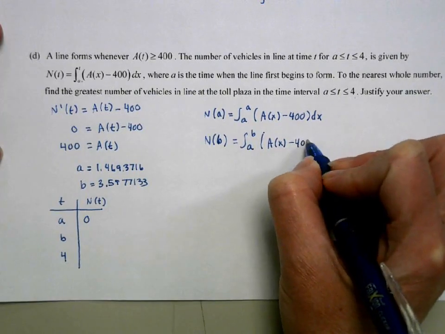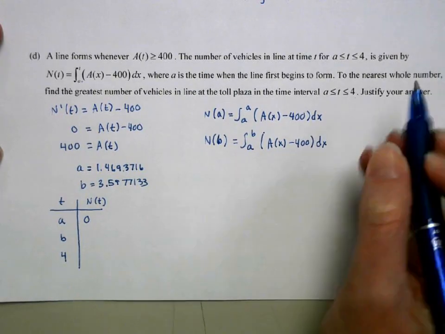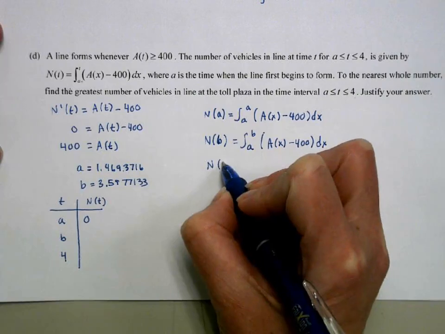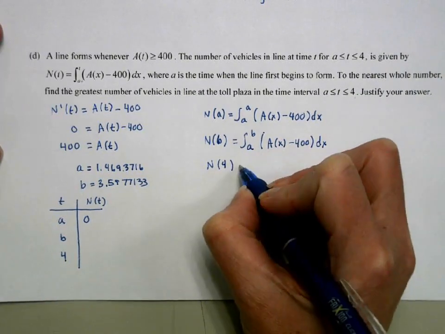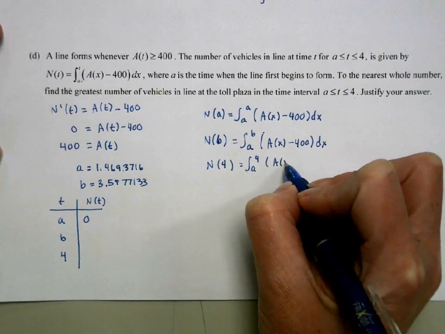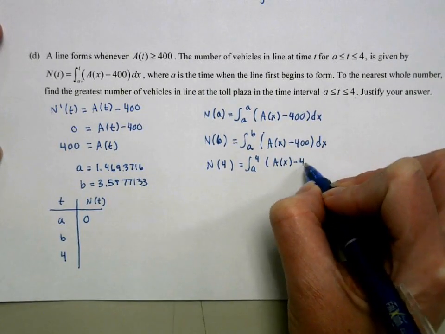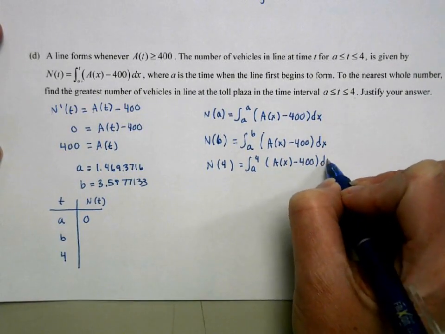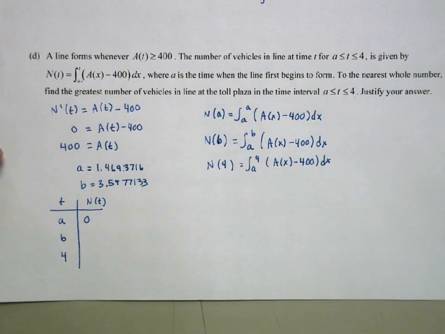Okay, and then we're also going to check 4. So this one we already set as 0.